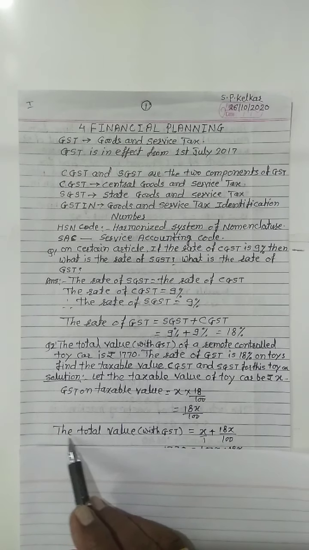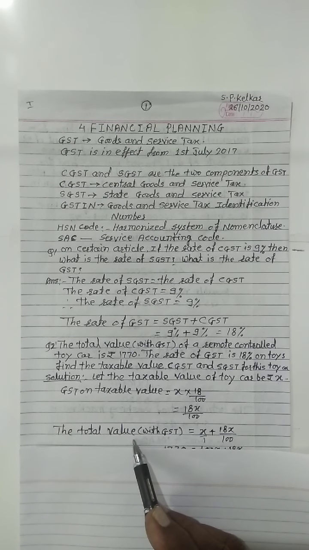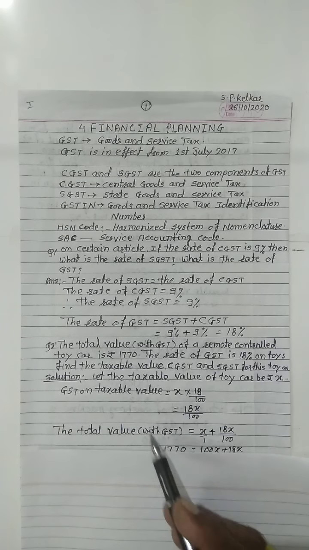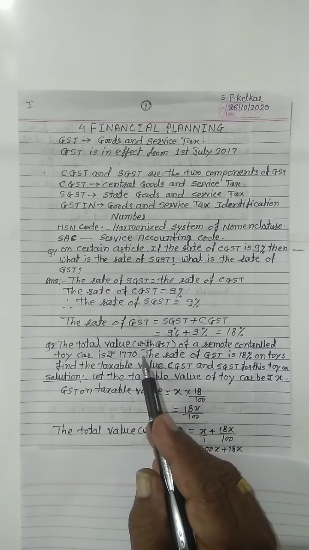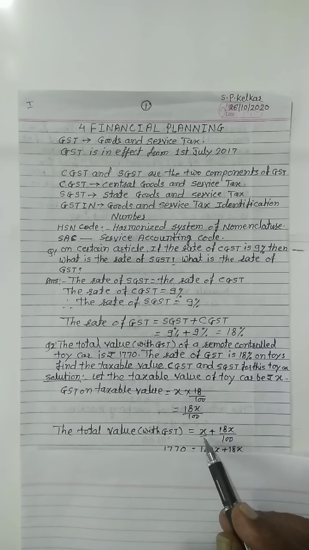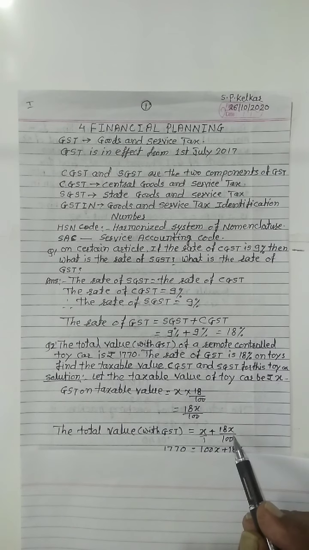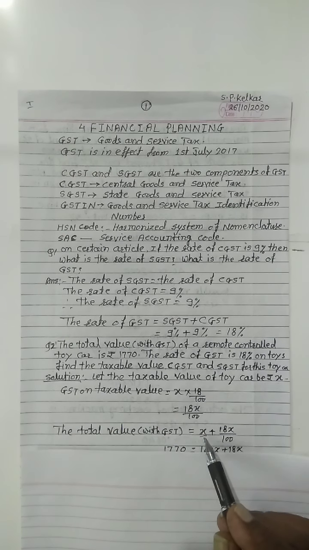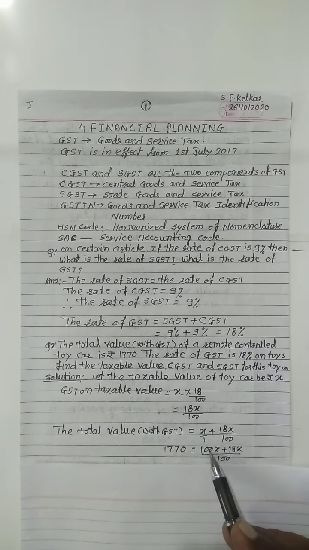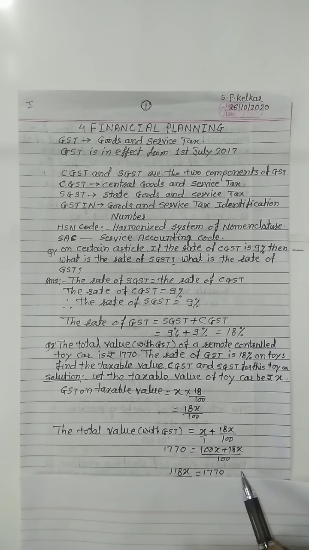The total value with GST equals the sum of the taxable value plus GST on the taxable value, means x plus 18x divided by 100. Sum of these two means 100x plus 18x divided by 100.